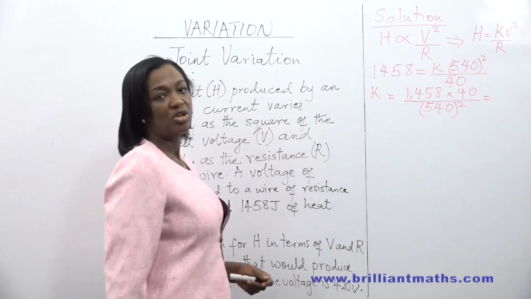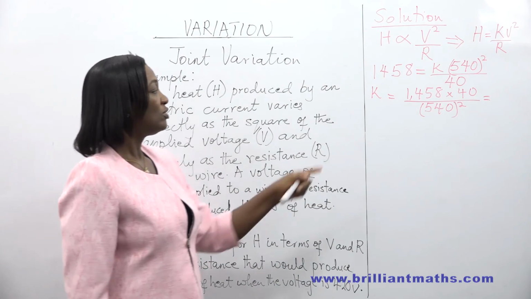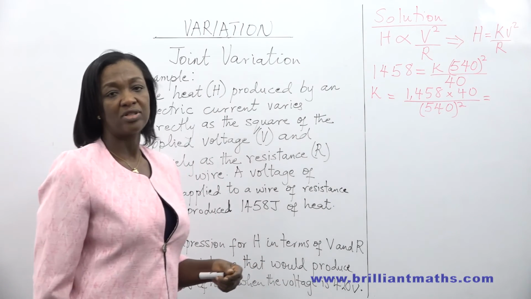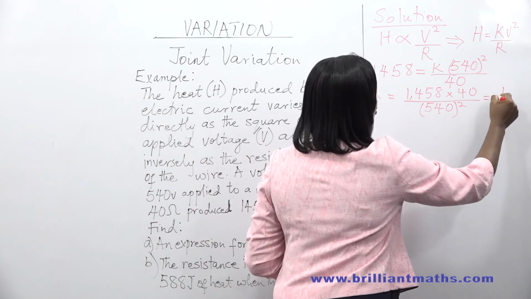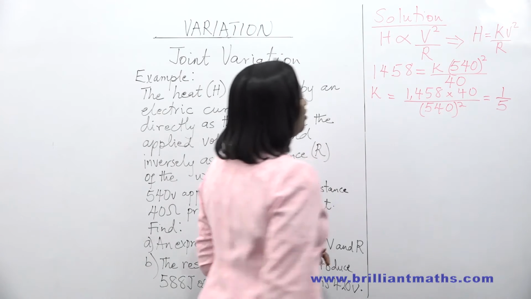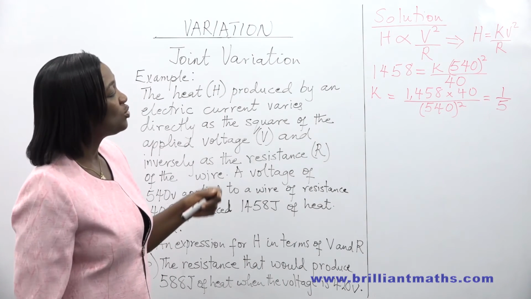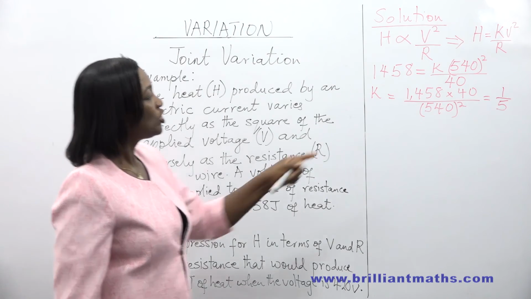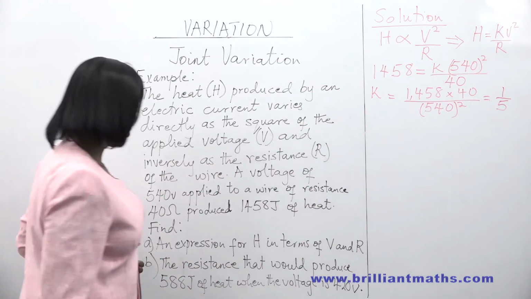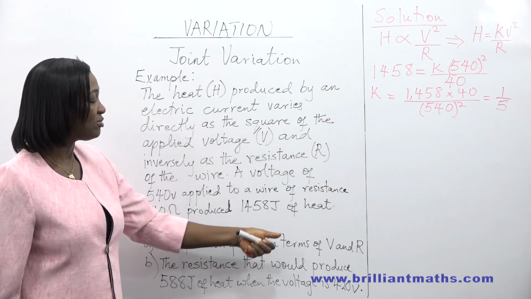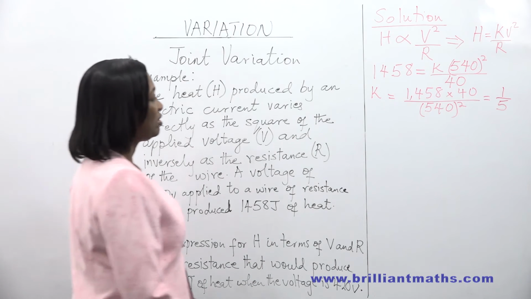If you key that into your calculator to find the value of K, take your time, key it in, you'll get K to be 1 over 5. So if K is 1 over 5, we'll substitute the value of K into the formula to be able to answer the first question, an expression for H in terms of V and R.